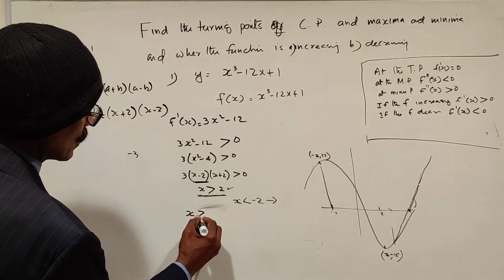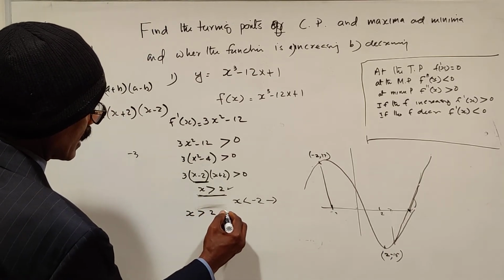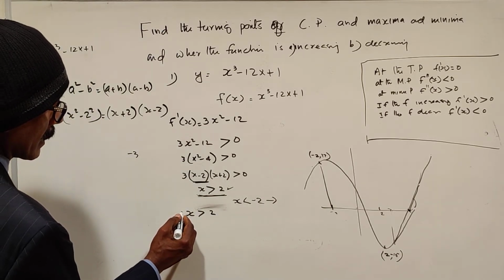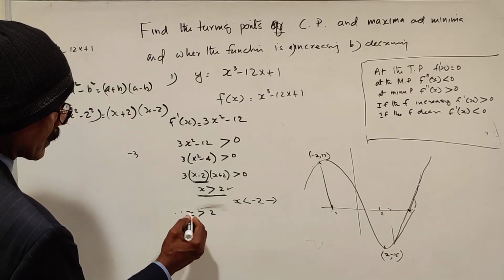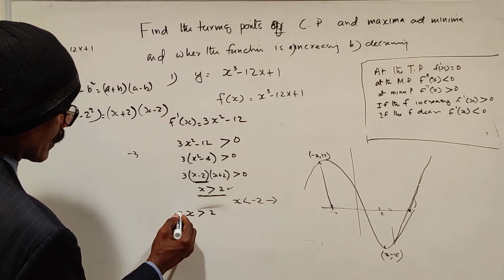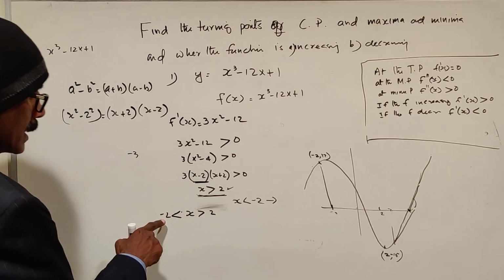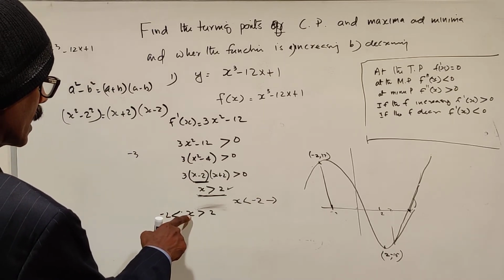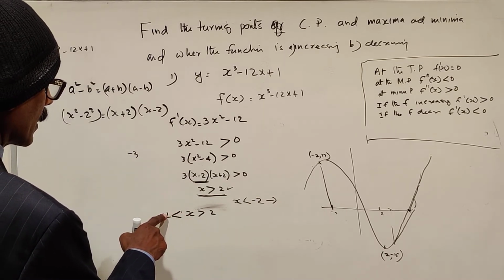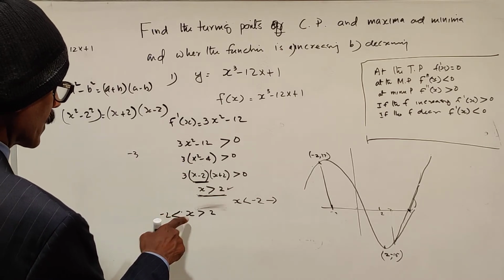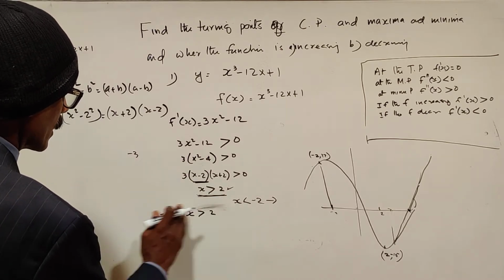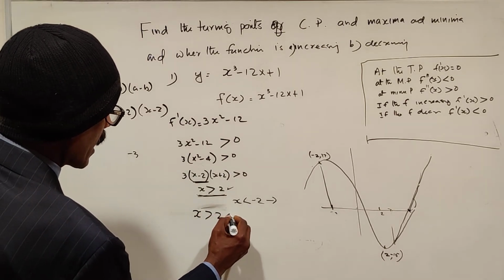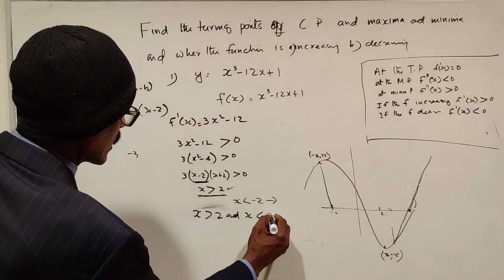X is greater than 2 and x is less than negative 2. We can write something like this. The least value of x is negative 2. Greater than negative 2, no, that is wrong. Yeah, x is greater than 2 and x is less than negative 2.